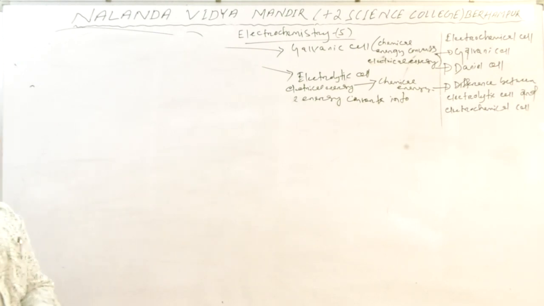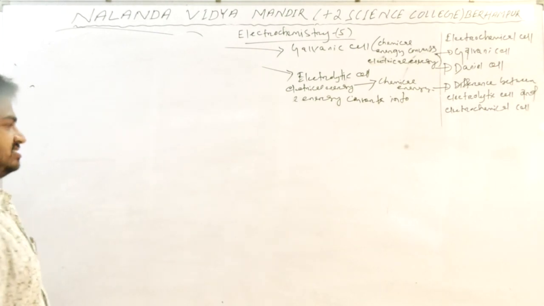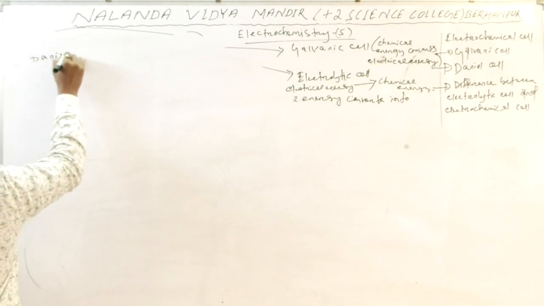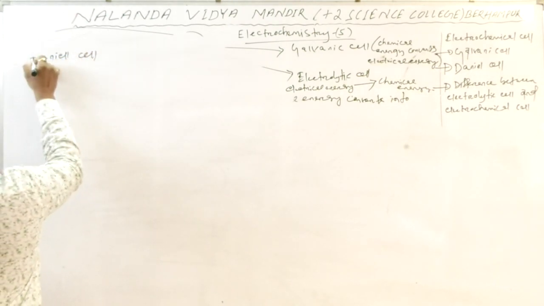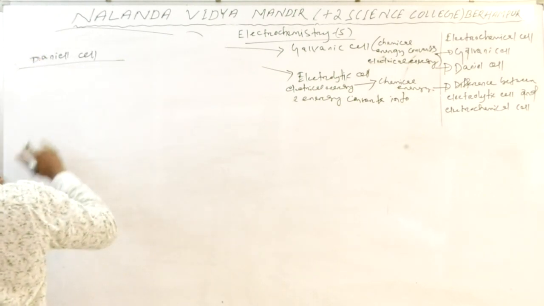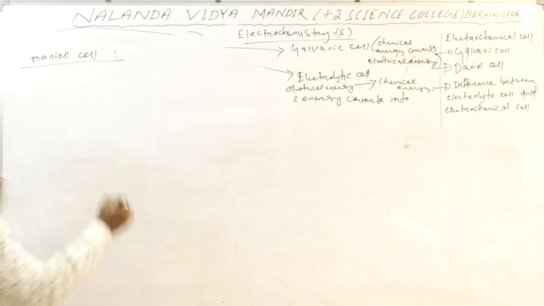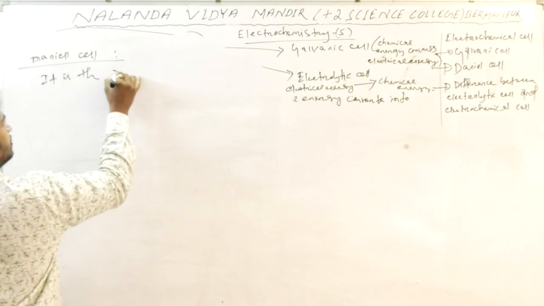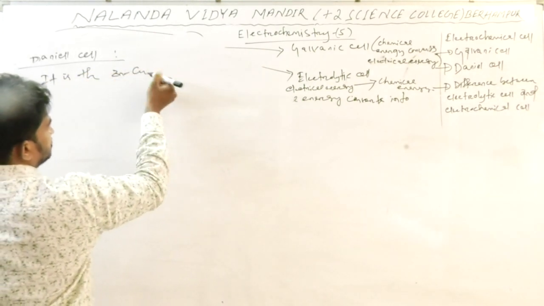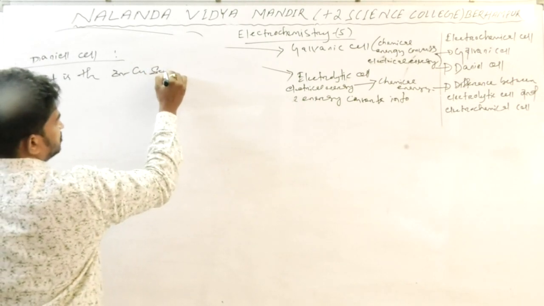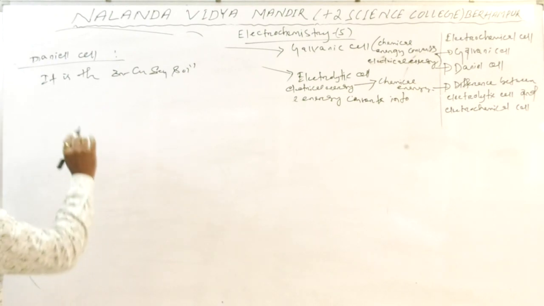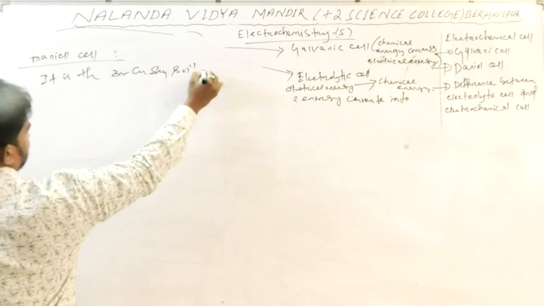A little structural modification is present in the Daniell cell. It is a zinc copper sulfate solution galvanic cell.